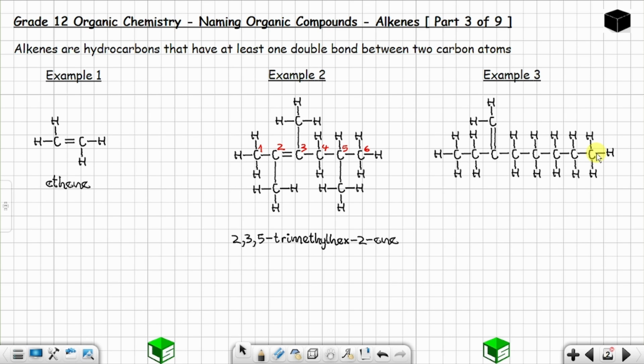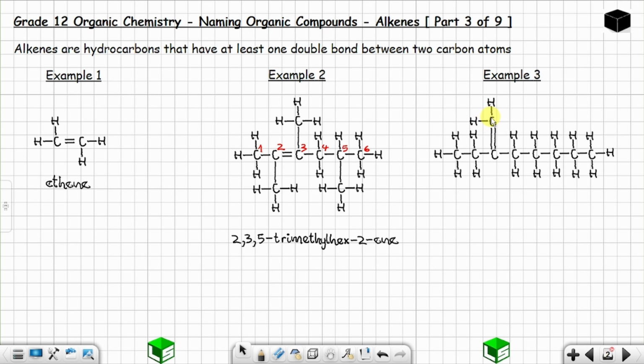So we have to go like this. And will the numbering go like this or like this? You have to start from here going this way, because when you start from here, the double bond will be on the lowest possible number. When I start from here, I have the double bond on carbon number 1: 1, 2, 3, 4, 5, 6, 7.